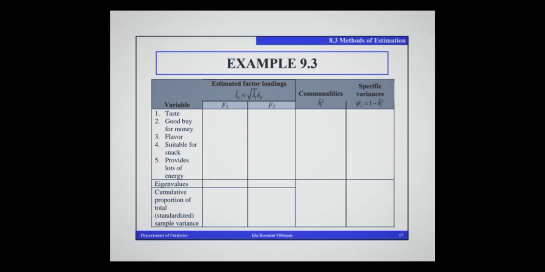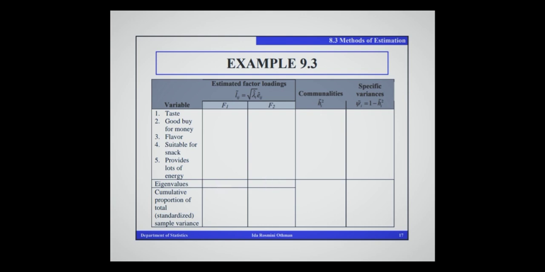Nak cari specific variance, it is 1 minus h squared. Kenapa 1 kat sini? Sebab dia punya diagonal matrix adalah 1 kalau untuk R. Kalau S, dia akan jadi sigma ii. Okay, di sini adalah eigenvalue.